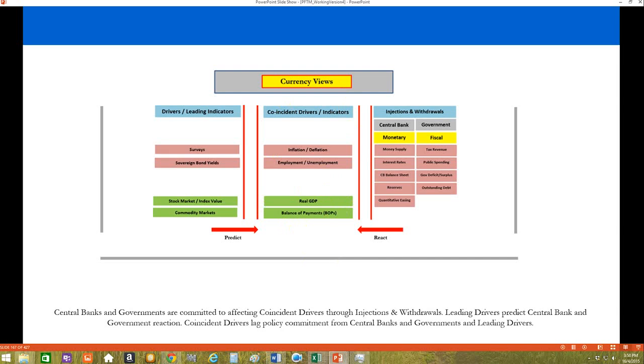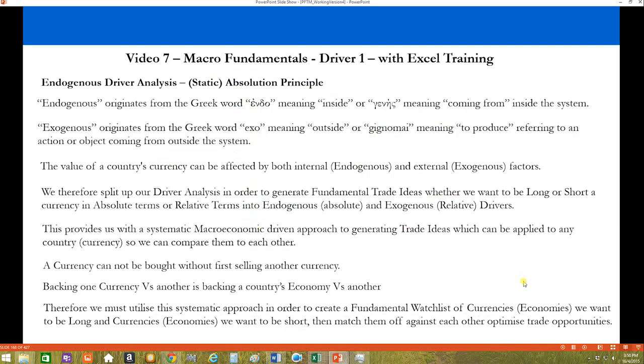So we keep this flow in the background and we understand the flow of the drivers. And what we do is first, we basically break down all of these drivers further into both endogenous and exogenous drivers. So what is this?